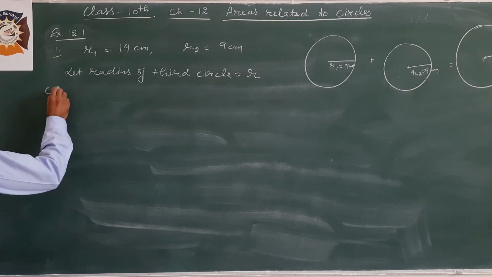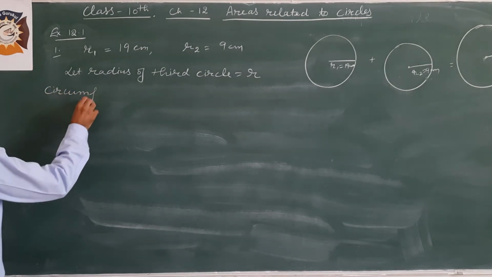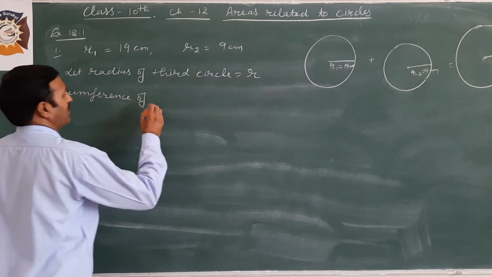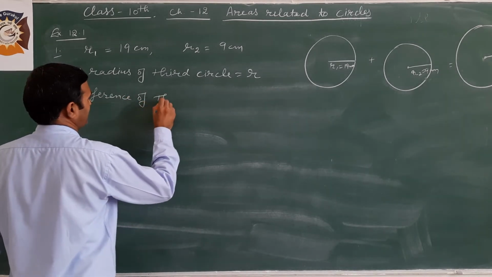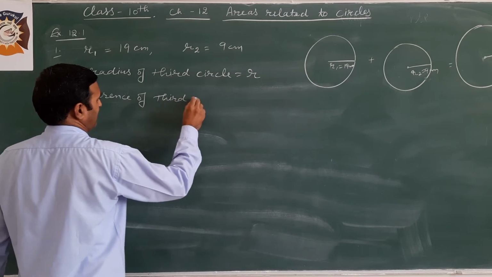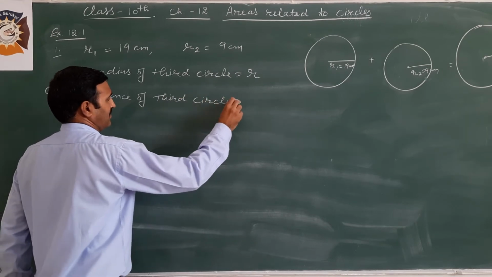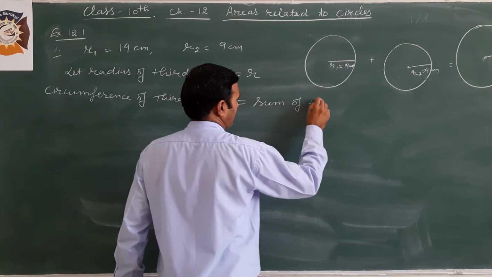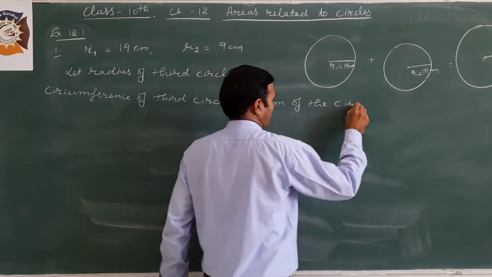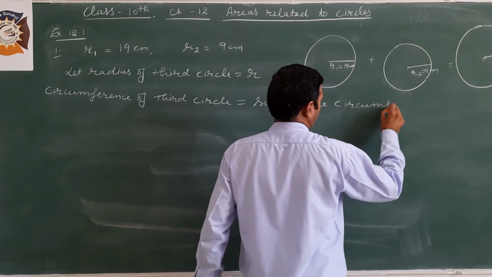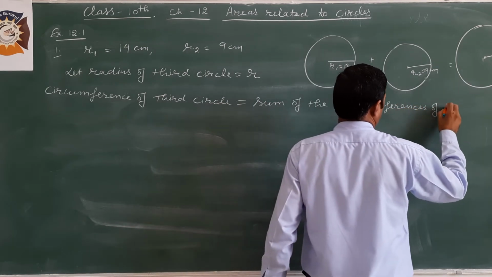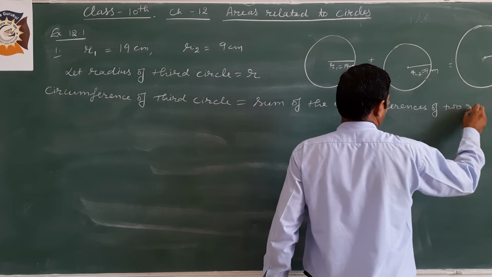So circumference of third circle is equal to sum of the circumferences of two given circles.